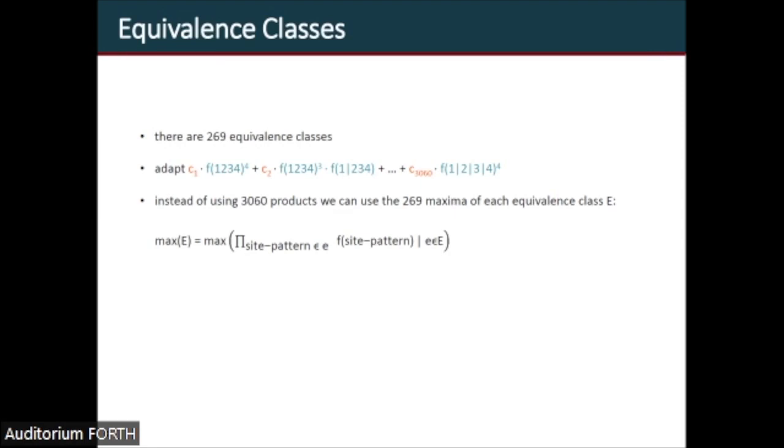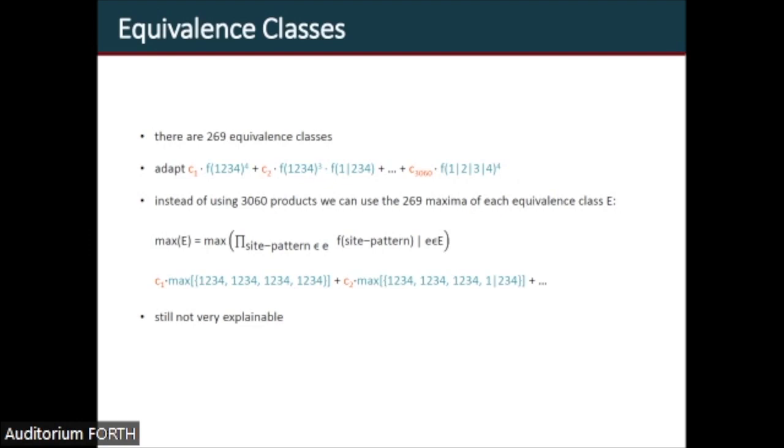And then for each of those combinations, we get the corresponding frequencies of site patterns and multiply them. And then the maximum of this product is the maximum of the equivalence class. And so the result is a function which is linear in those maxima.